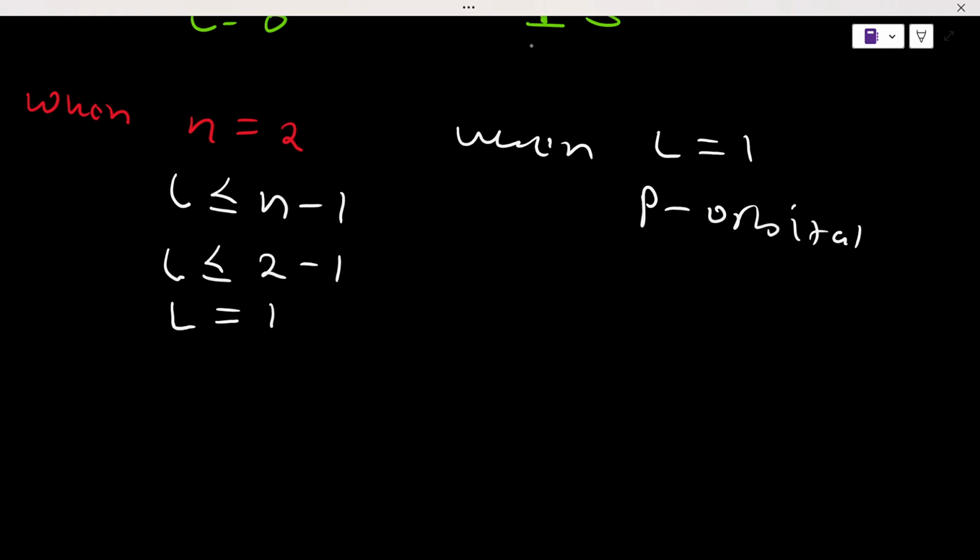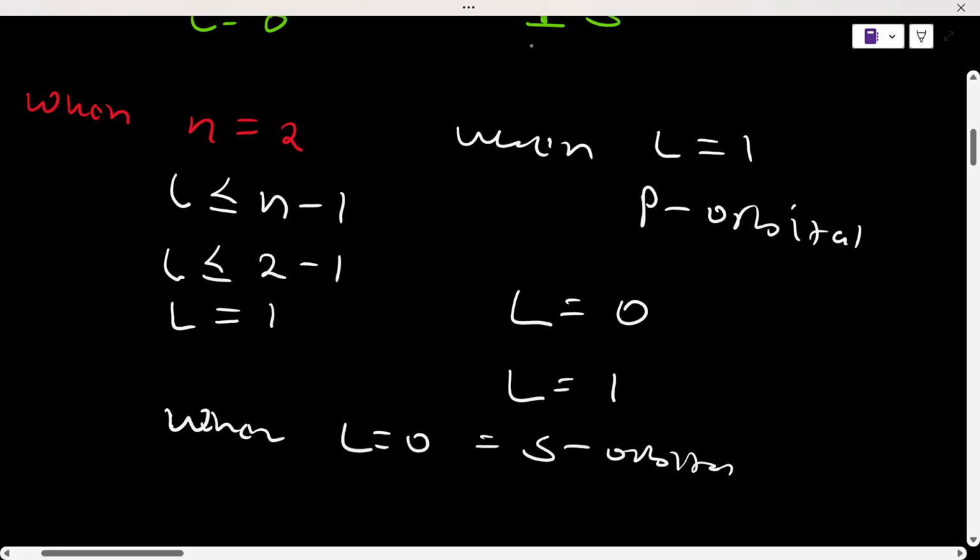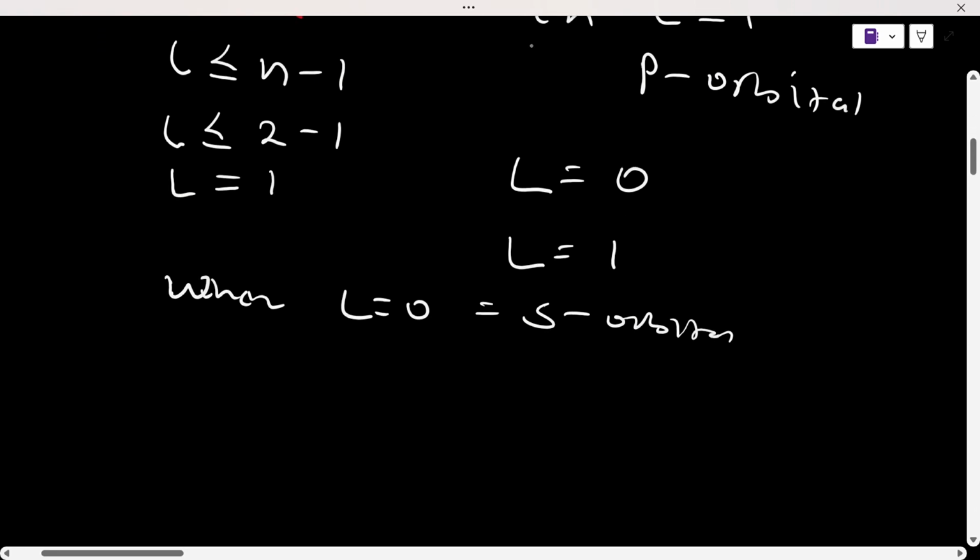Therefore, L can be 0. At the same time, L can be 1. So when L is equal to 0, here we are referring to the s orbital. When the angular momentum number L is equal to 1, here we are referring to the p orbital.